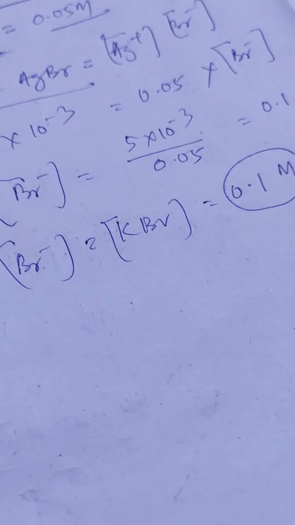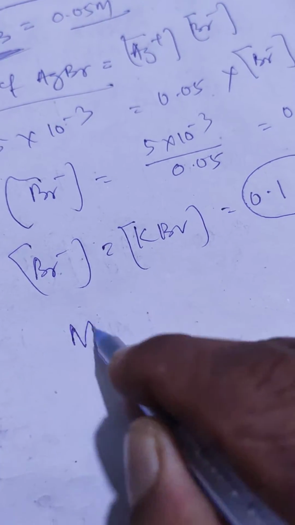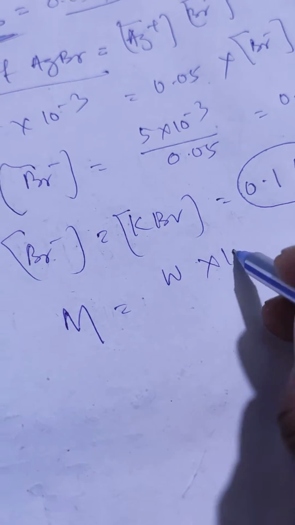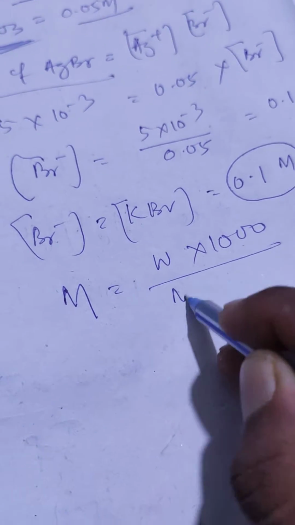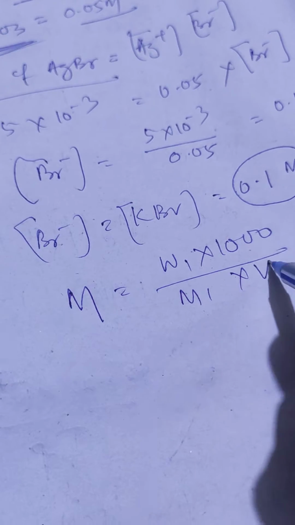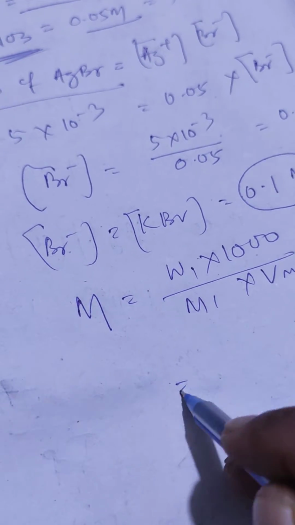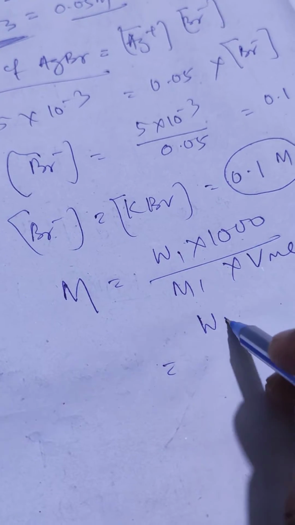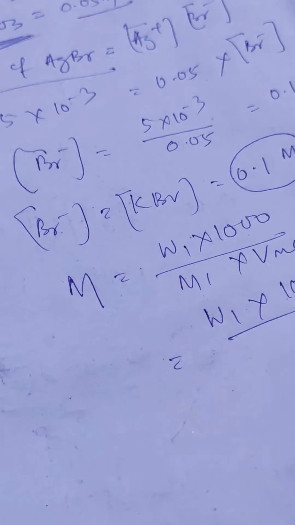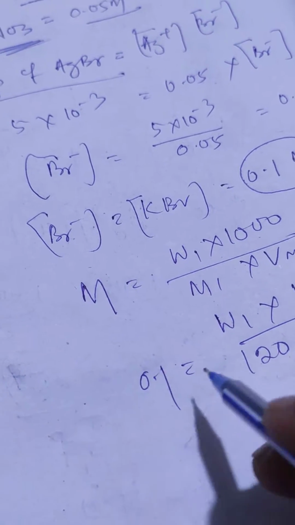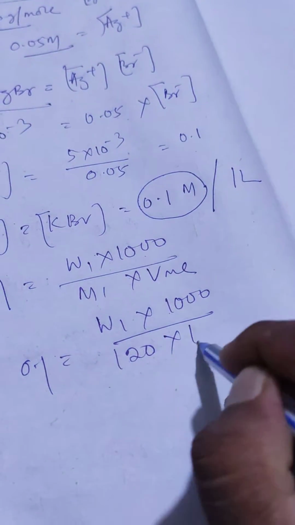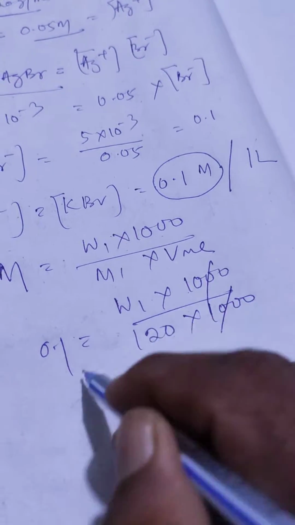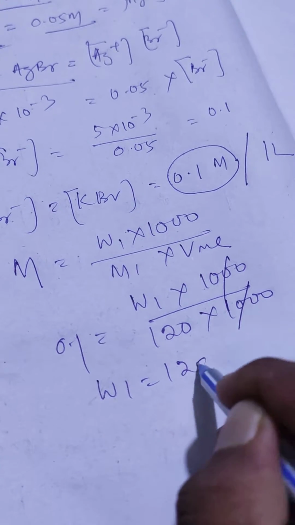If you know the molarity of the solution, it is W into 1000 by M1 into V milliliter. So W1 we have to calculate: molecular mass is 120, molarity is 0.1, and volume is 1000. So W1 is equal to 12 gram only.